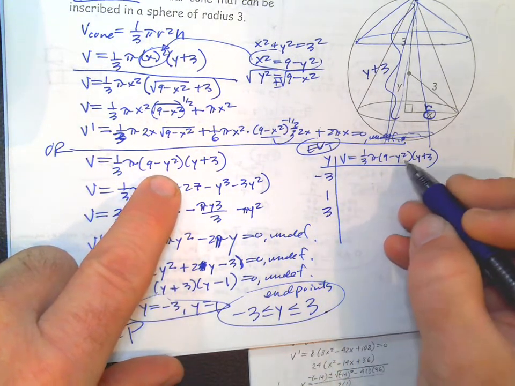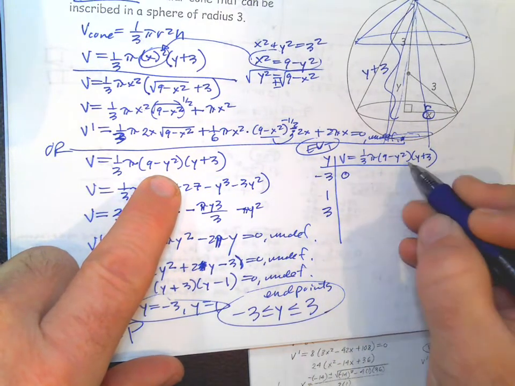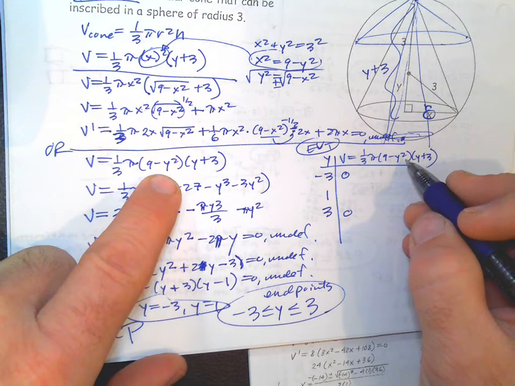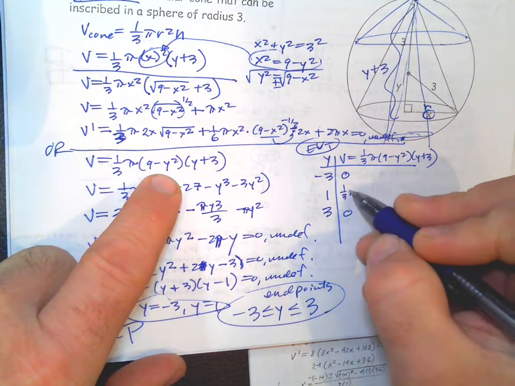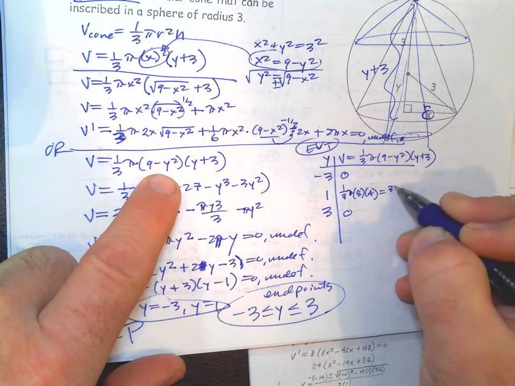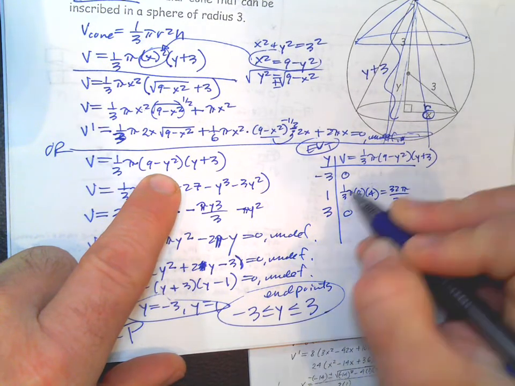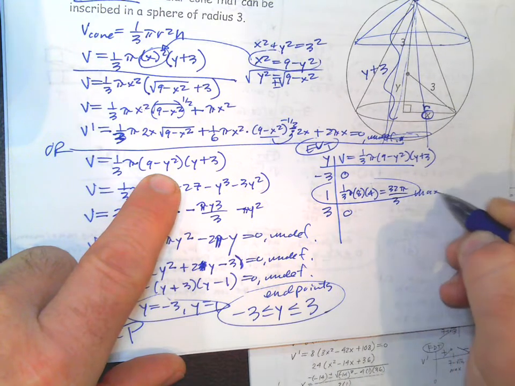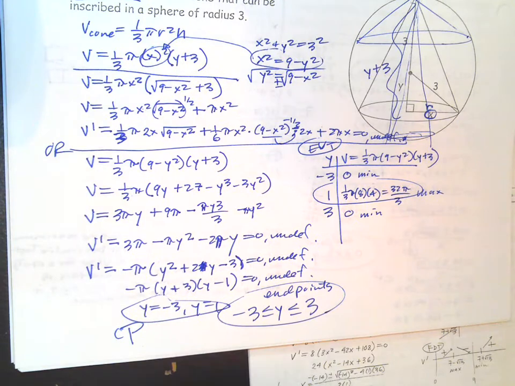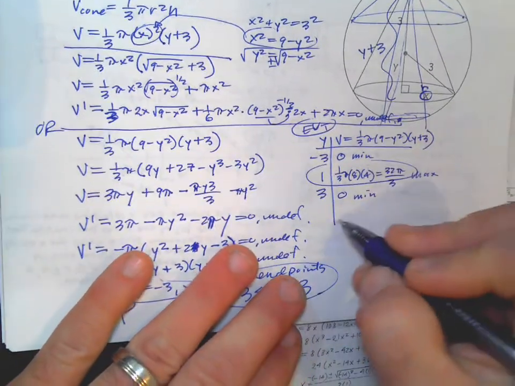If I plug negative 3 in here, I get 0. If I put positive 3, I get 0. If I plug 1 in, I get 1/3 pi times 8 times 4. So I get 32 pi over 3, and that's your max. There's a tie for the min of 0.